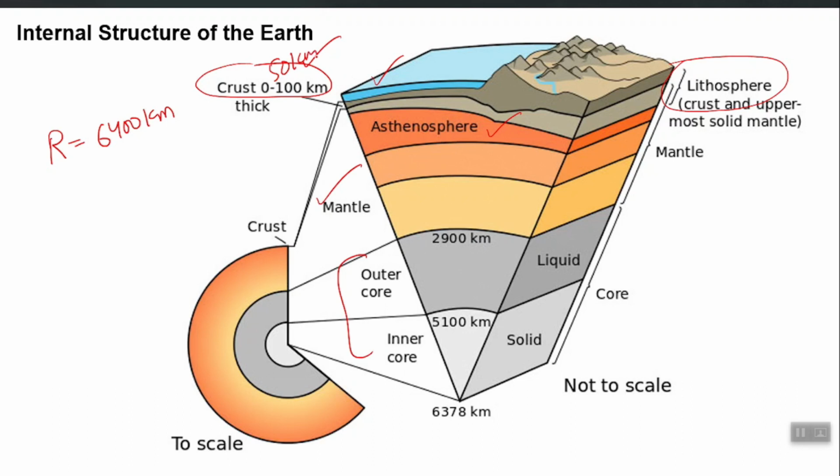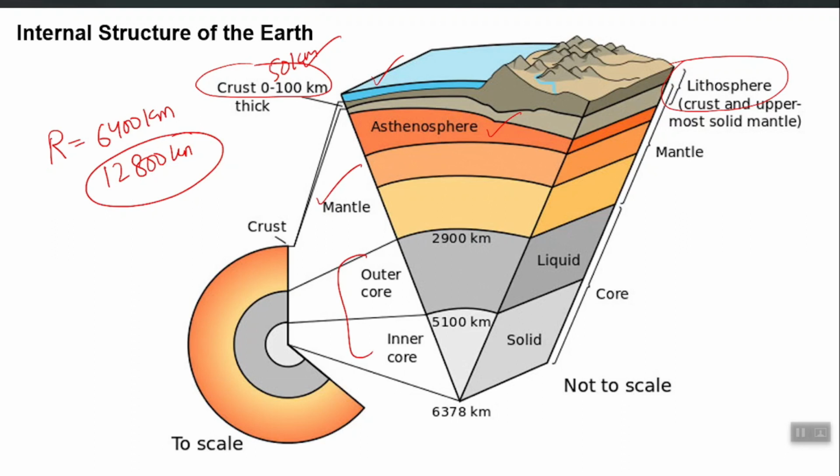Places have different thicknesses of crust, but you can say average 40 to 50 kilometers. Now that is very small compared to the overall radius. If you see the diameter, that will be 12800 kilometers. Compared to that diameter, 50 kilometers is nothing, right.